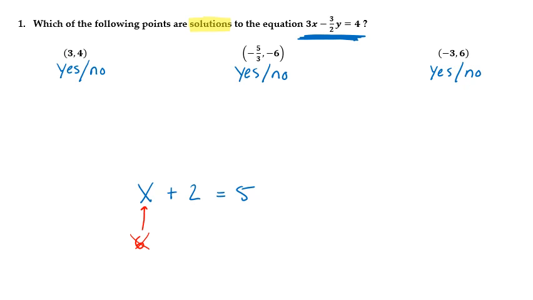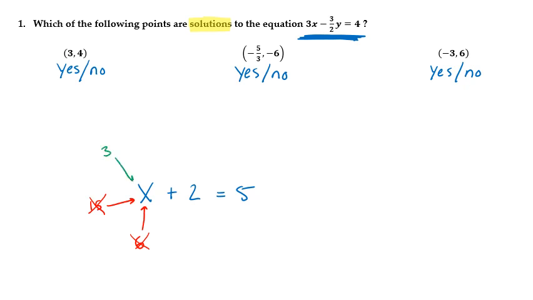If we plug in a 15, for example, 15 plus 2 equals 5. Well, 15 plus 2 is 17. 17 equals 5. Also false. But there's one number that we could plug in. In this case, it's the number 3.